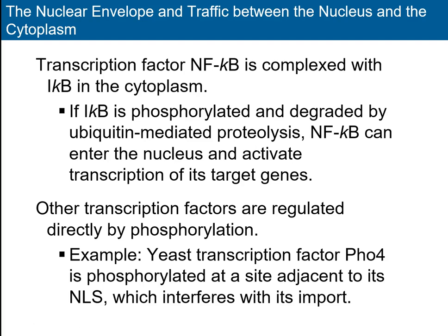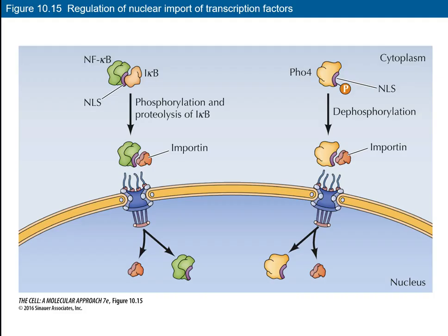So this is an example saying yeast transcription factor FO4 is phosphorylated right next to its nuclear localization signal, and that interferes with its import because it alters that nuclear localization signal, okay? So again, these are all ways that you can regulate gene expression by affecting the import of certain proteins into the nucleus, right? And so this is showing you that here.